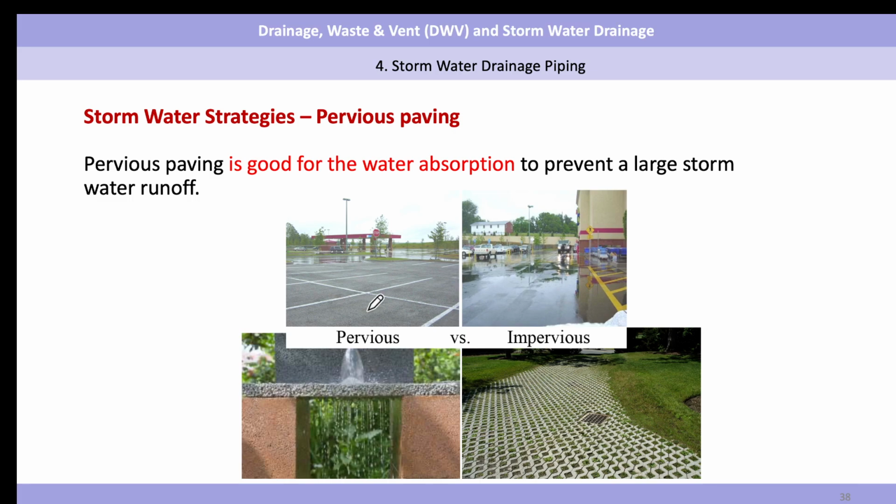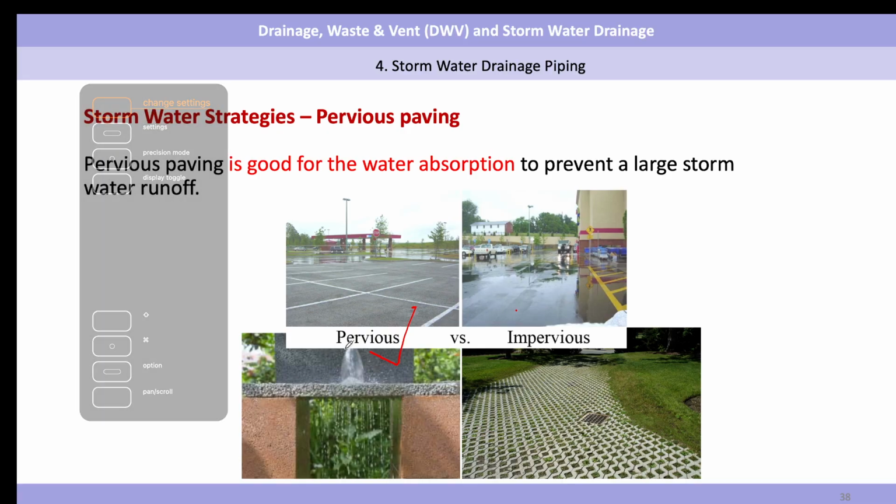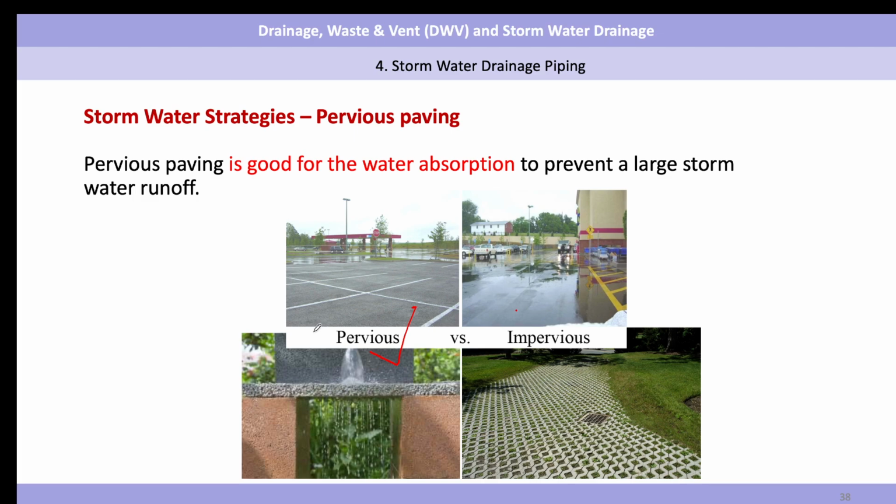And this is the last information in the class. Stormwater strategies: pervious paving. I believe this one is very popular now in parking lots. Pervious, okay, versus this one, the traditional one. Which one is better? Absolutely pervious. Since you already learned MEP, you have to know this is very, very popular information.